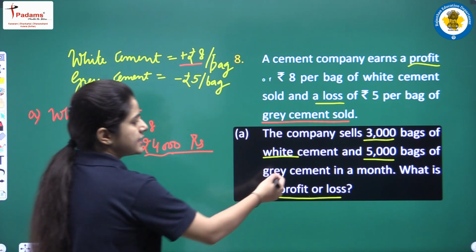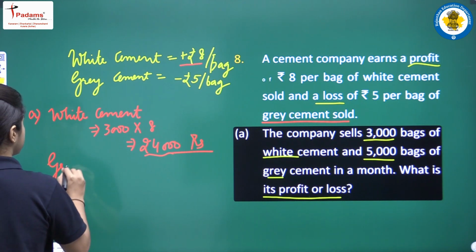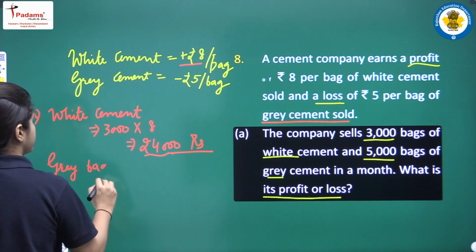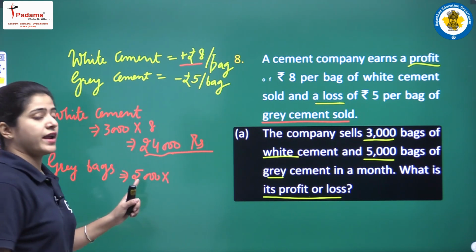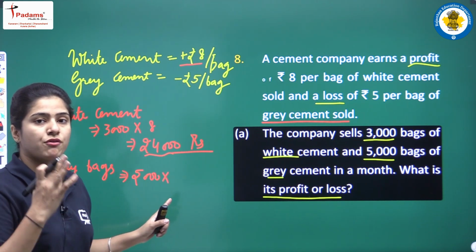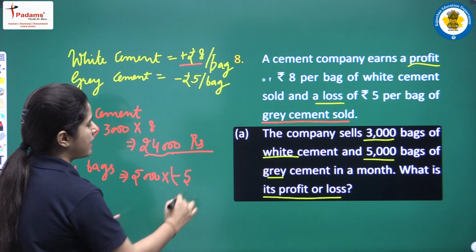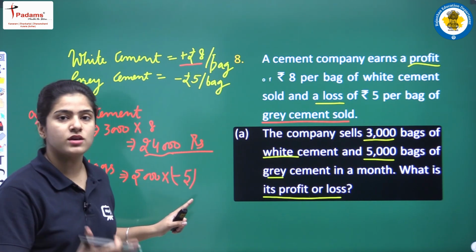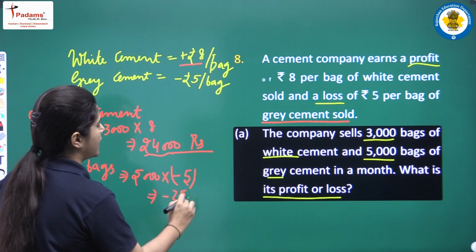Okay, and after that they are selling 5000 grey bags, and for every grey bag sold we are having a loss of rupees 5 per bag. So minus 5. Why minus? Because it is having a loss of minus 5. So minus 25,000.